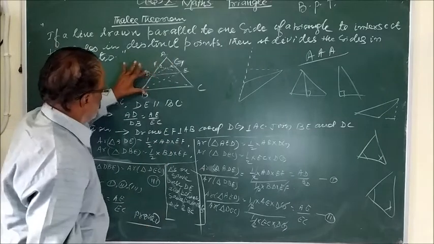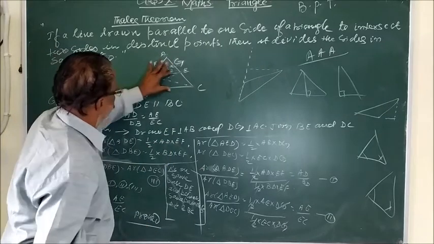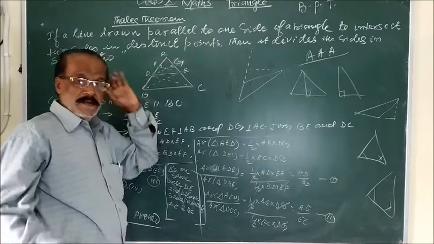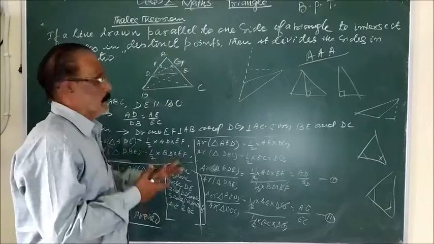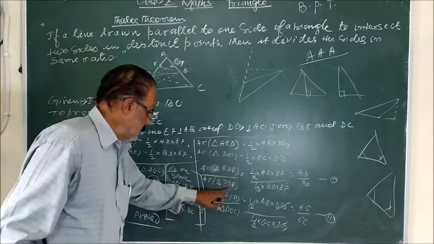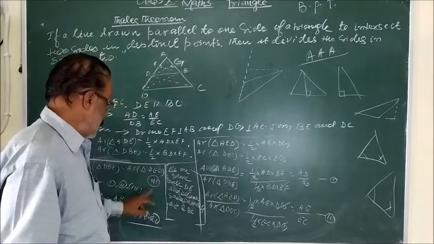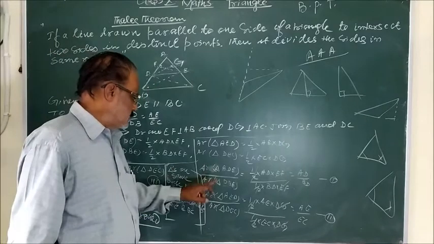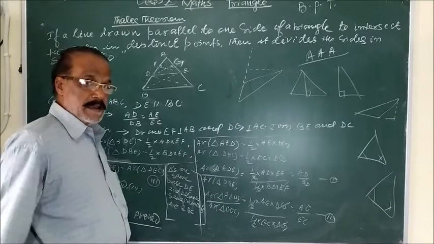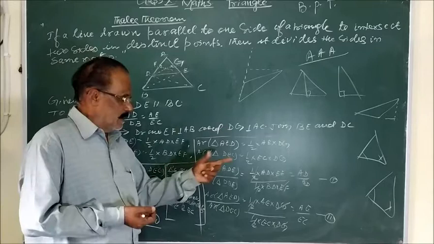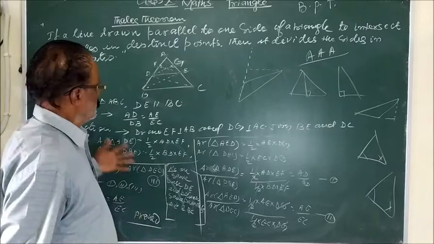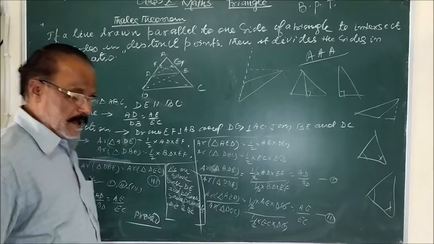And since these two triangles are between the same two parallels, and we have studied the theorem that triangles on the same base between the same parallels are equal in area, therefore the areas of these two triangles will be equal, and this will be third. From first, second and third, we conclude that the left side becomes equal, so the RHS will be equal. AD by DB is equal to AE by EC. So my dear, this is Thales theorem, an important theorem.